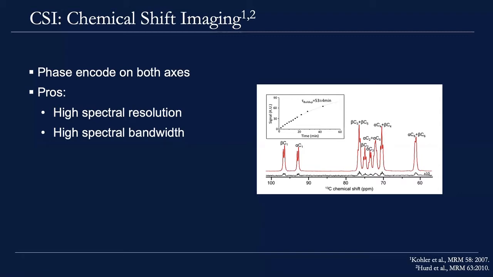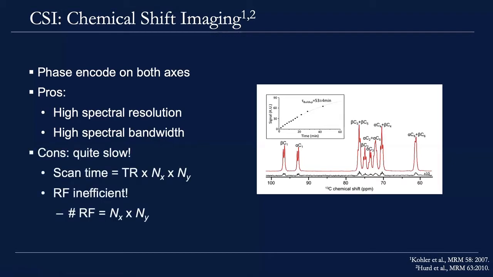If you're phase encoding on both axes, it means you no longer have that readout for free. So it means your scan time is just quite slow, right? Your total time is your repetition time times number of phase encodes on Y times number of phase encodes on X, which you don't typically have for a normal MRI scan. So it's RF inefficient, which means you need lots of RF pulses to encode that magnetization.